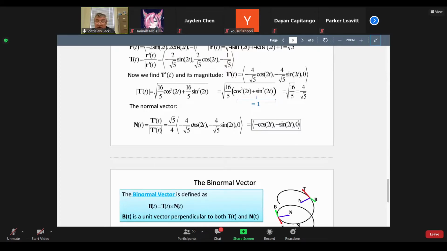So you put this and this, and if you divide by the magnitude, you get square root 5 over 4. Now you multiply, and you see that 4 cancels, square root 5 cancels, and you get just minus cosine 2t, minus sine 2t, and 0. So that's the normal vector. It's a unit normal vector.